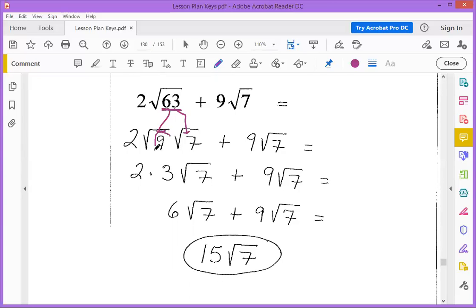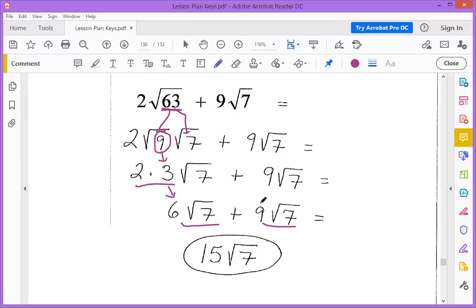Now since 9 is a perfect square, we can take that square root of 9, which gives us 3, and we multiply it by the 2 that was already outside of the square root symbol. 2 times 3 will give us 6 on the outside, and notice we keep that square root 7 underneath. After we simplify, we see the like terms. Both terms have square root 7.